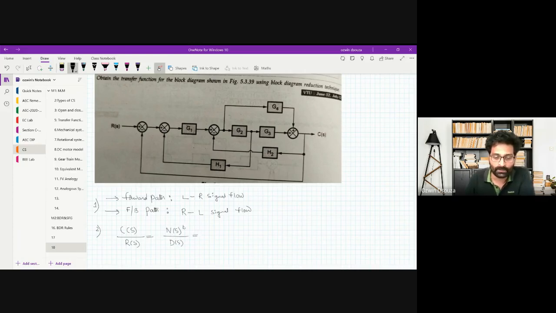Remember, N of s is consisting of forward path gains, and D of s is consisting of feedback path gains.